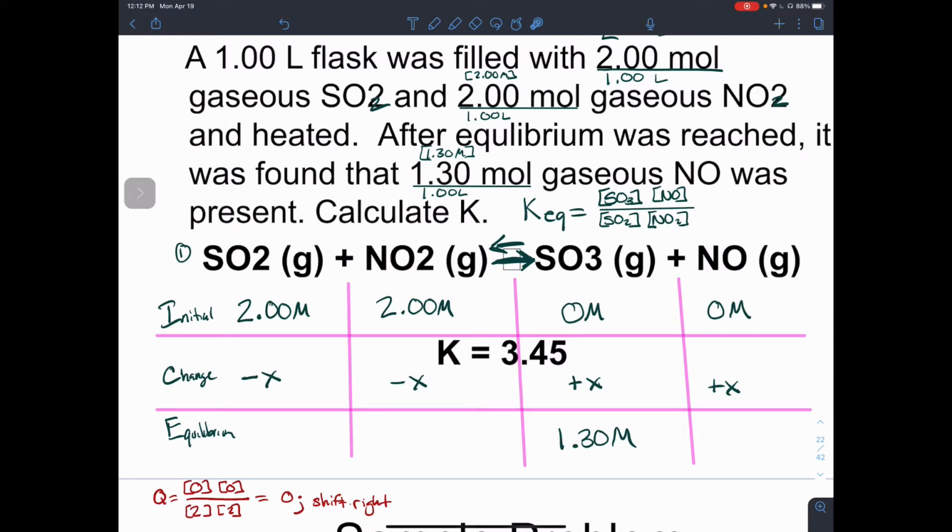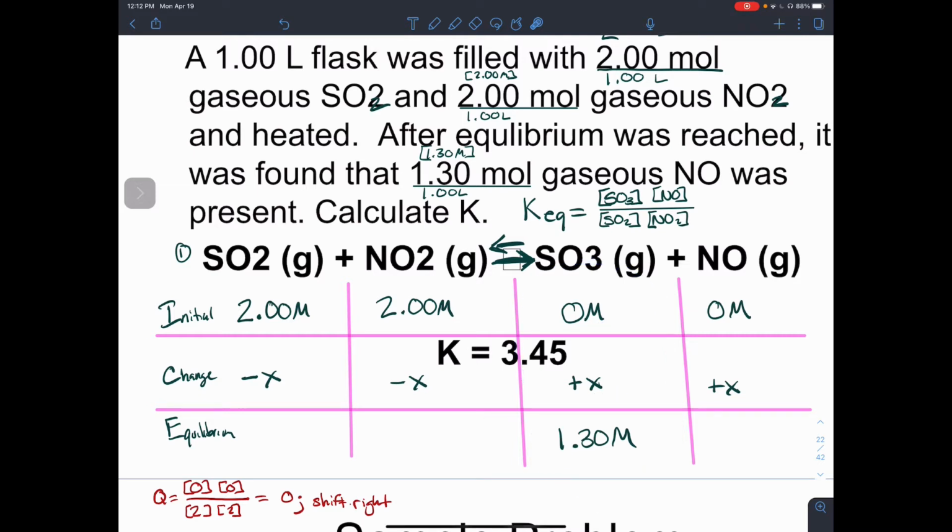Clues to help us figure out what X is. Well, if we look at this column in the table, we see that sulfur trioxide starts out with a 0 molar concentration. X is added, and then at equilibrium, there's 1.3 molar.